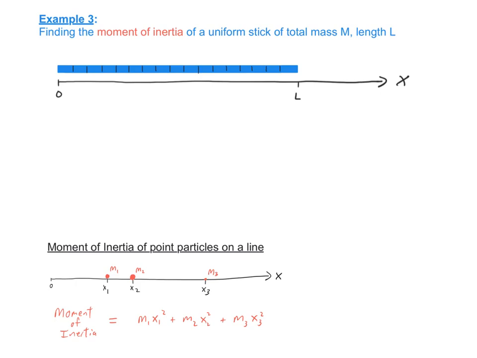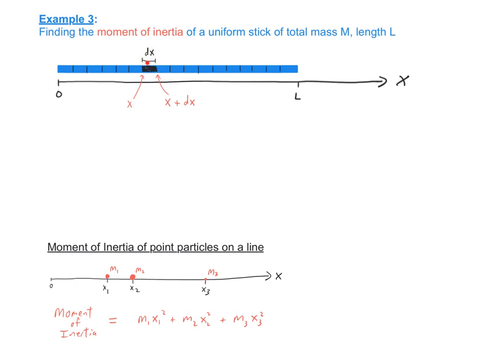And let's focus on one of these segments. And so here I'm going to darken in one of those segments. And the particular segment that I happen to be looking at, let's say its left end is located at position x, and its right end is located a little bit farther away at position x plus dx. So dx represents the slight change in distance when you walk from the left side to the right side.